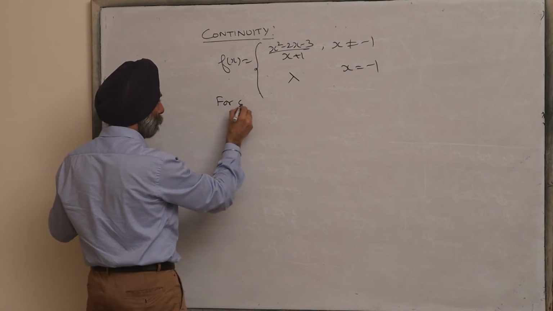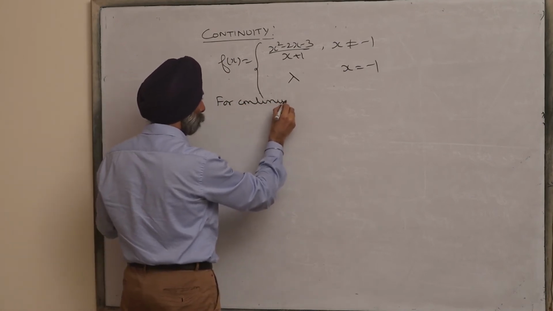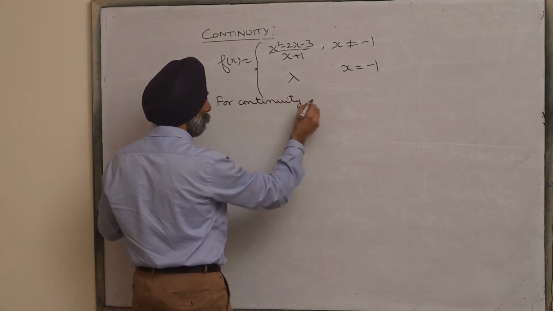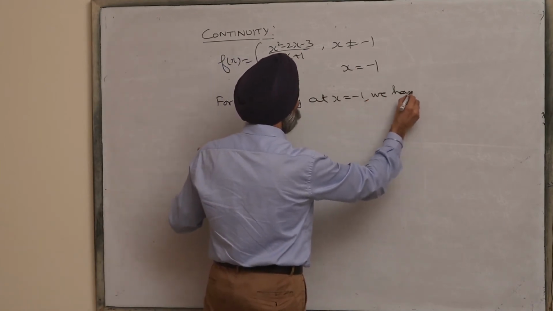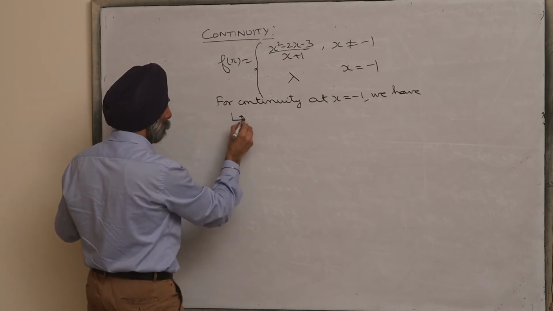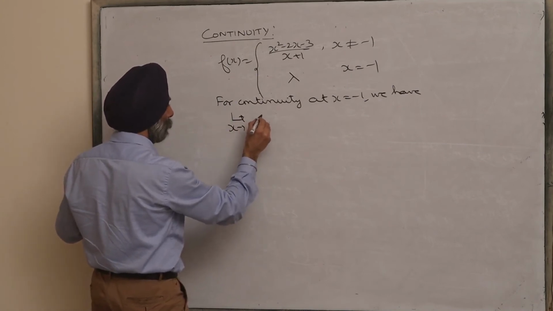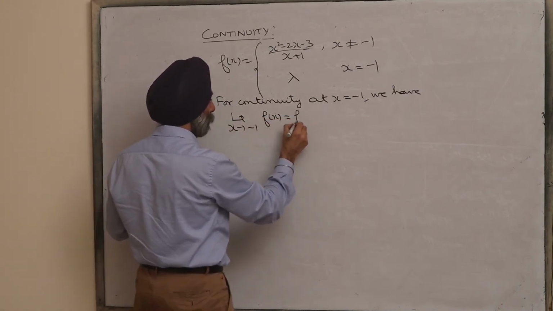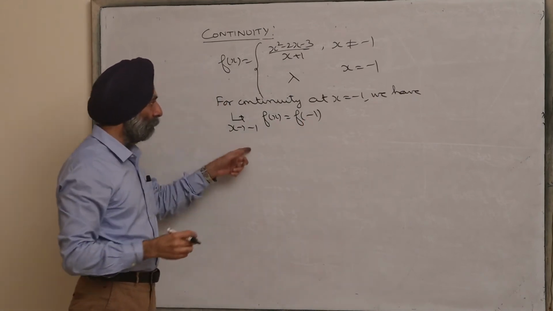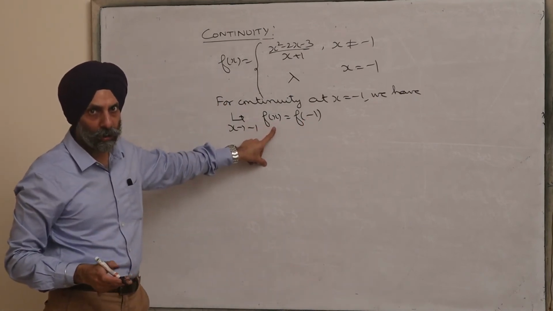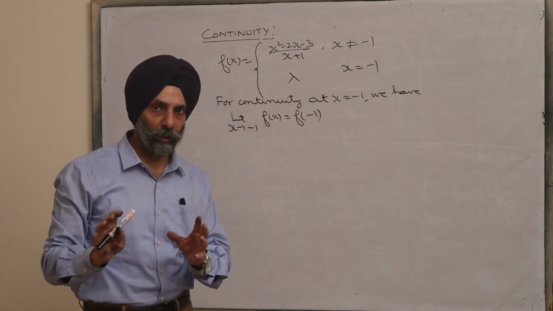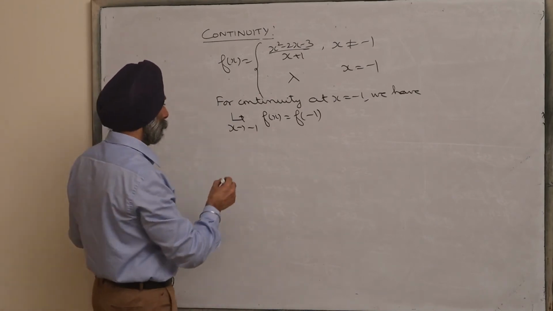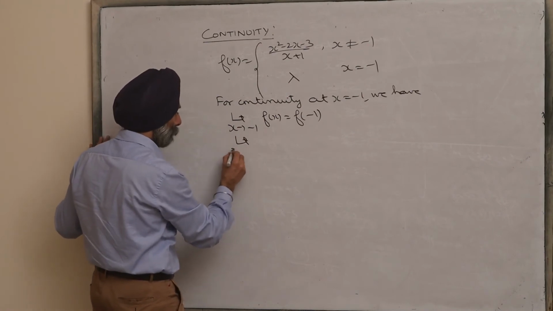So for continuity at x equal to minus 1, we have limit x approaches minus 1 of f of x, this must be equal to f of minus 1. Why have we written it this way and not with the left hand limit and the right hand limit? Because it is obvious from the statement that the limit of this function always exists at the point minus 1.